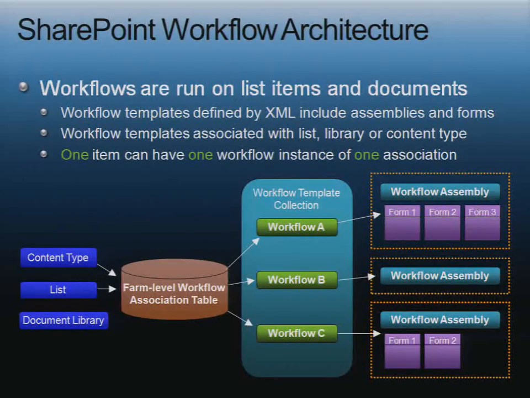And every single item, the actual workflow runs on items. So every single item can run through workflow. In fact, every single item can run through multiple workflows. But there is one catch, and the catch is one item can have only one workflow instance of a given association.